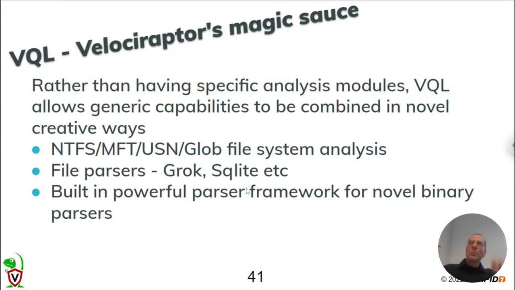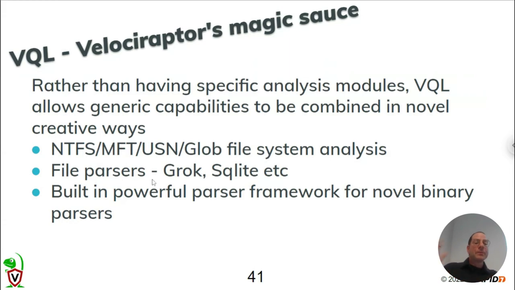Instead of having these one-liner Pythons, they're all high-quality VQL plugins with the best-in-breed parsers, and then you can put them all together and enrich the data with lots of other stuff, and that's kind of what VQL is, right? So we've got NTFS, MFT, USN, globbing file systems, all of these examples of really cool, very powerful plugins.